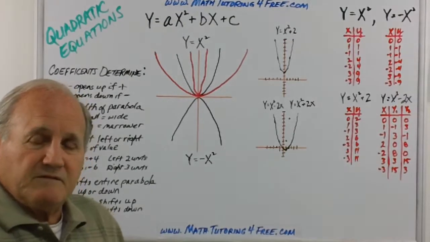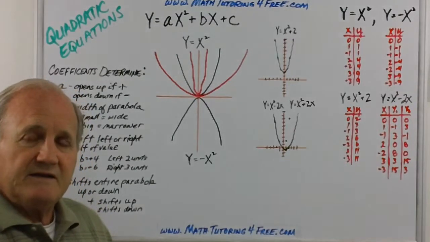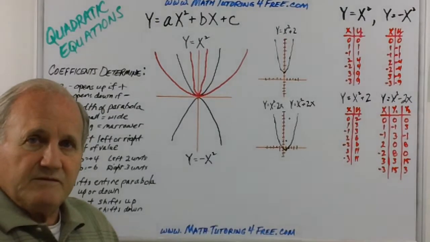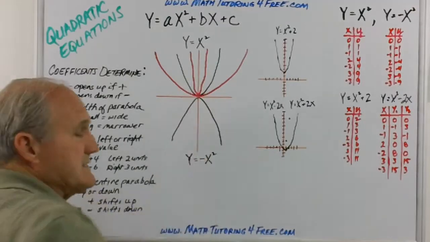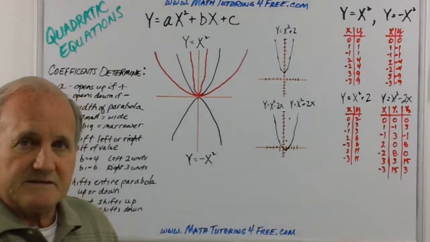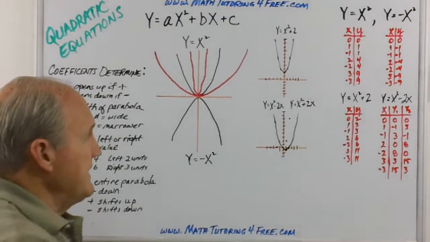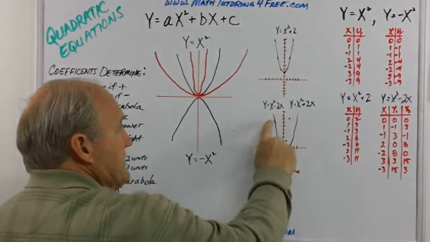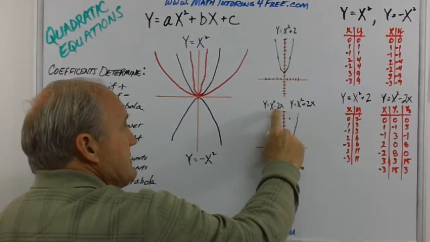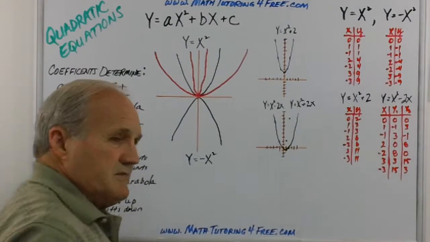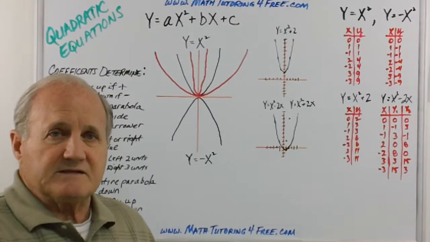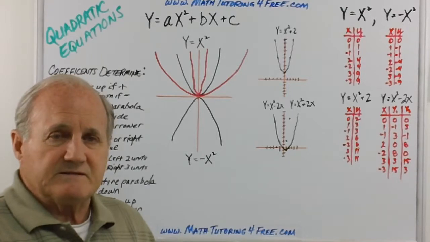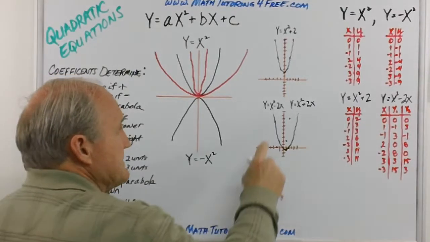Also, the position of the axis depends on the b value. If there is no b, the axis of symmetry will always be the y-axis. But if we have an example here, a minus 2x, so b is actually minus 2, that's going to shift that axis of symmetry away from the y-axis, and it does just the opposite.